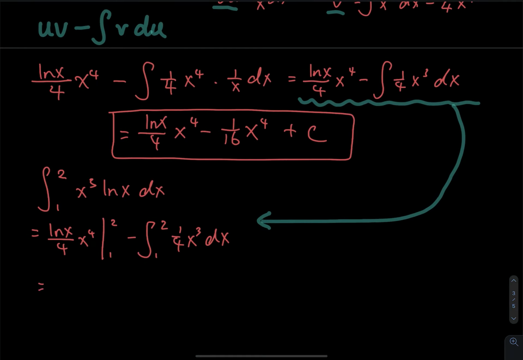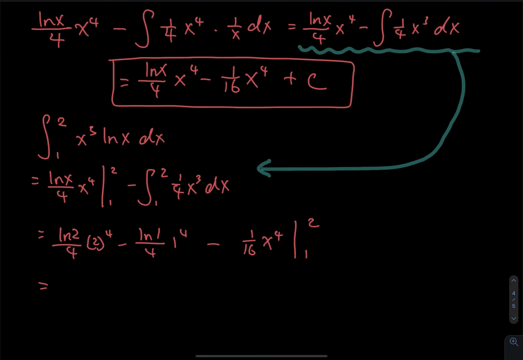Then you use the fundamental theorem of calculus. You plug in the 2: ln 2 divided by 4, times 2 to the 4th, minus ln 1, which is 0, so simple math, 1 to the 4th. Then you minus, you integrate first, so that will be 1 over 16 x to the 4th, x goes from 1 to 2. And 16 divided by 4 is 4, right?